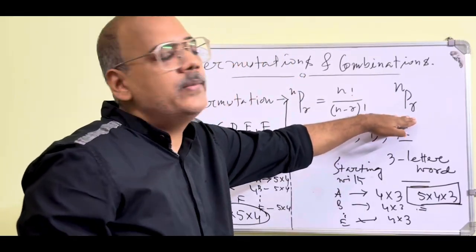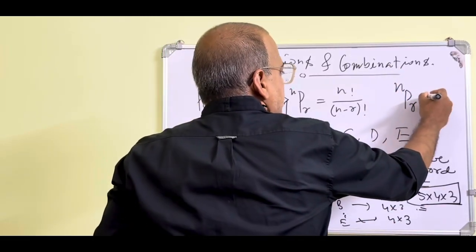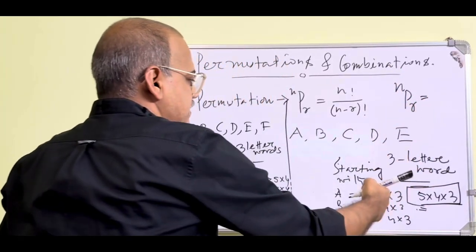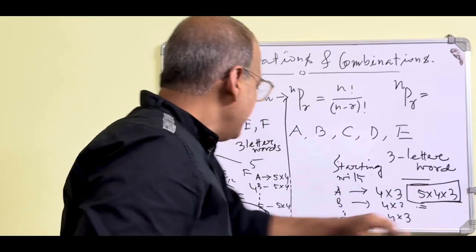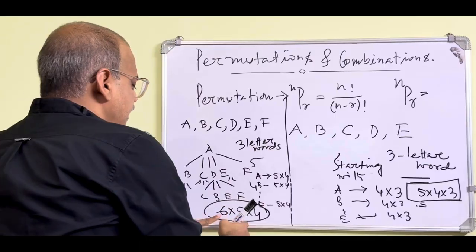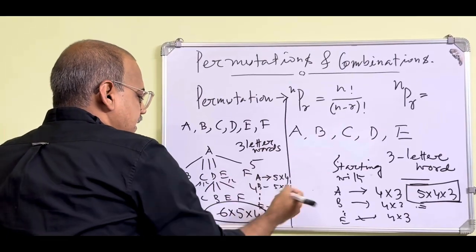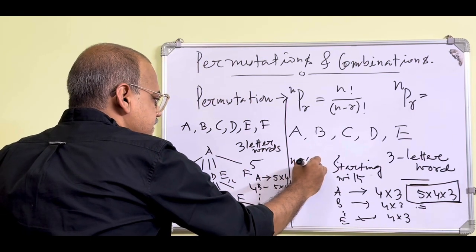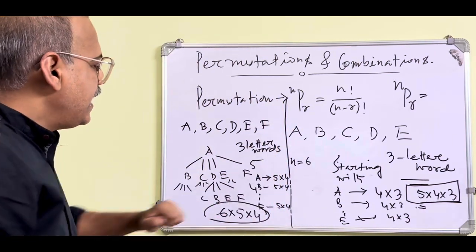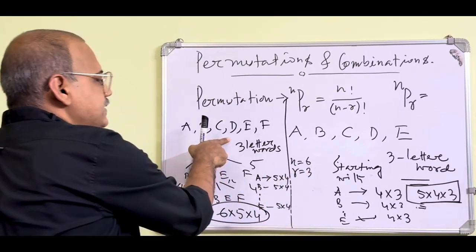So how can you get that? Basically, for this problem, I can take n as 6 and r as 3 because I have 6 distinct letters.